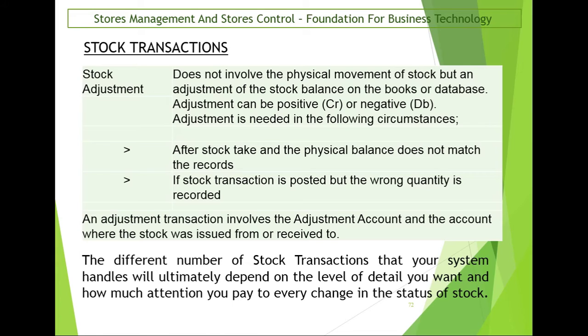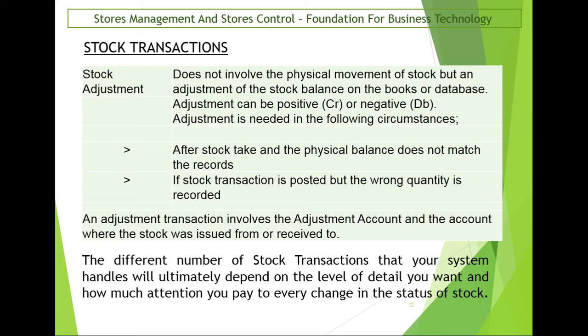Next, we have got a stock adjustment transaction. So the adjustment does not involve physical movement of stock, but it is just an adjustment of the stock balance on the books or the database. An adjustment can be positive or it can be negative. And there are two main reasons why we need to make an adjustment.